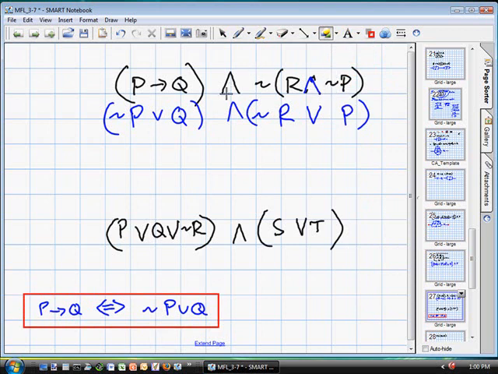So, in parentheses first, we have some stacks, don't we? Not P is stacked with Q. And over here, not R is stacked with P. And then what's to connect them?